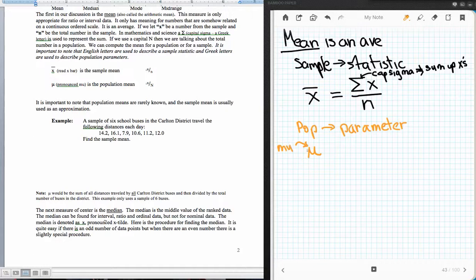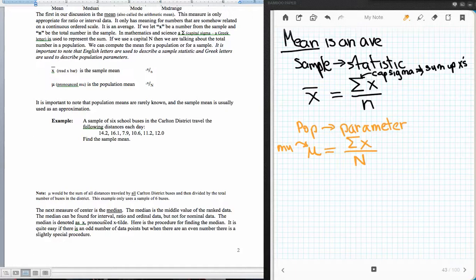And that's how it's pronounced, mu, is equal to, and it's exactly the same thing. We're going to add up all of the population x's, and we're going to divide it by the population size. Now when we have population, we use a capital N to represent the size, rather than the lowercase n that we use for our sample. So x bar is the sample mean, and mu is the population mean.